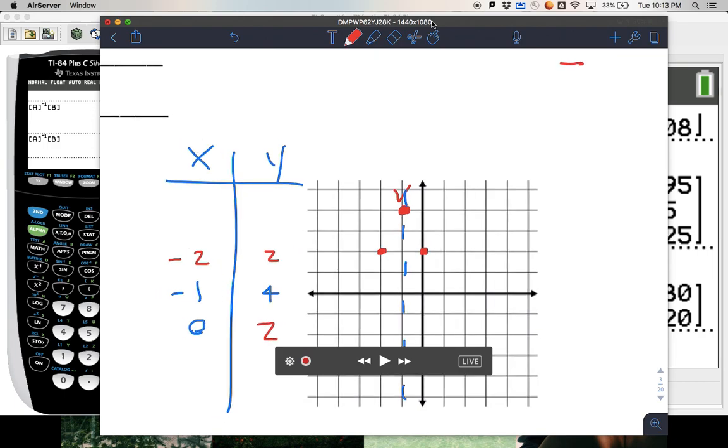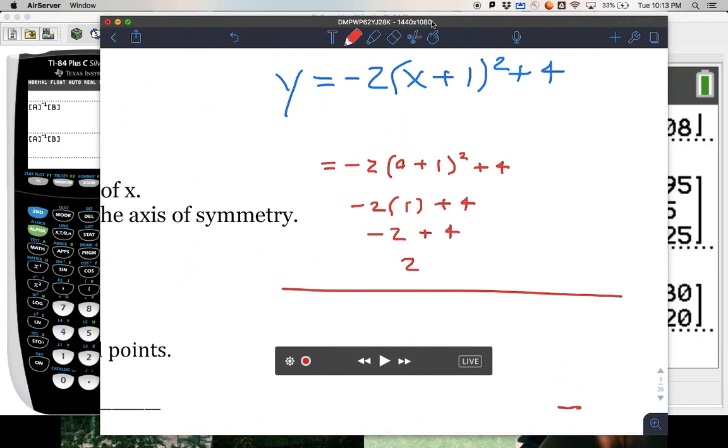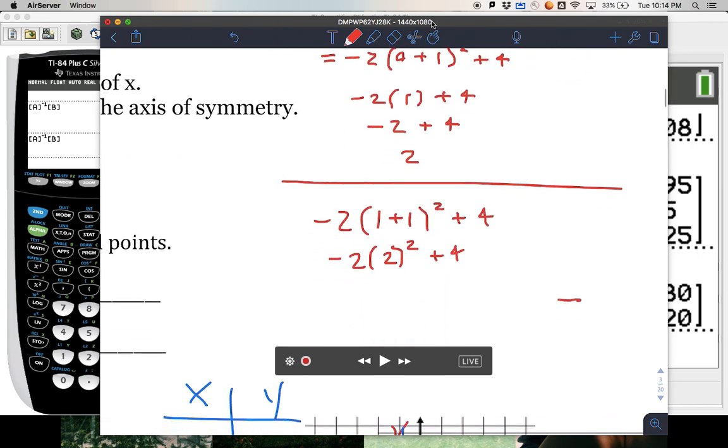All right, so I try to keep the numbers small when I'm plugging in, so let's go see what happens when we plug in 1 into this equation. So that's -2(1 + 1) squared, and then plus 4. So that's -2 times 2 squared. We got to use our order of operations, so that means do your parentheses first, and then exponents.